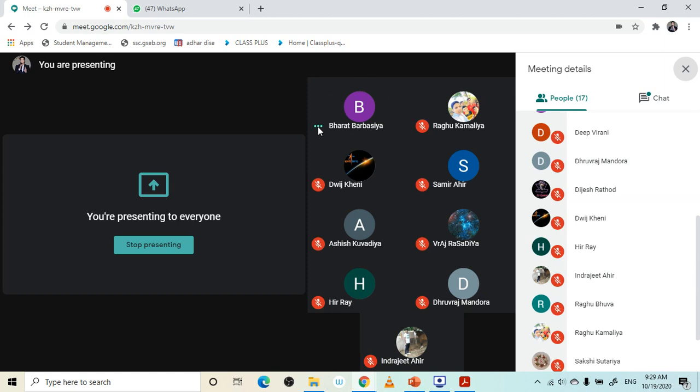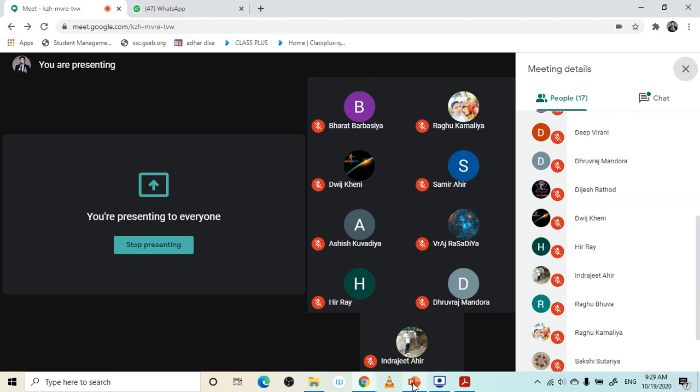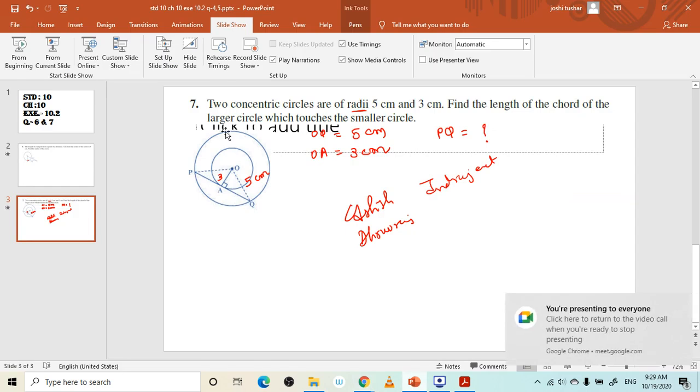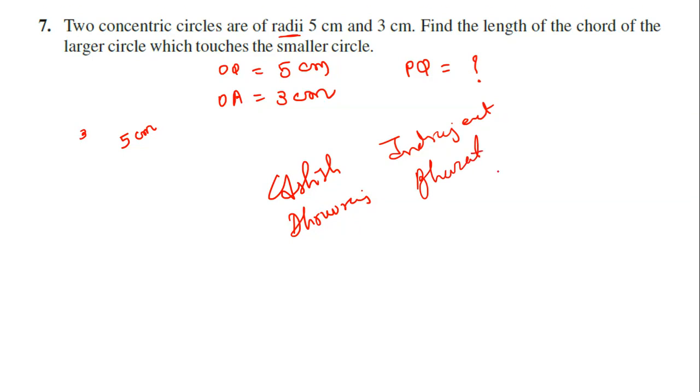We have to find the length of the chord. Don't know. 3 times. Okay, Bharat, now it is enough. See, it is now recorded. So don't forget to send me homework if you want to join tomorrow's class.